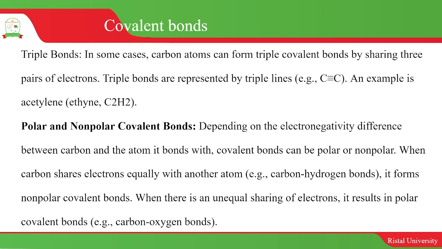So these bonds can be polar or non-polar depending on the electronegativity between carbon and the atom with which it bonds. Okay, so remember, in covalent bonds there is sharing of electrons. Covalent bonds are formed as a result of sharing electrons.